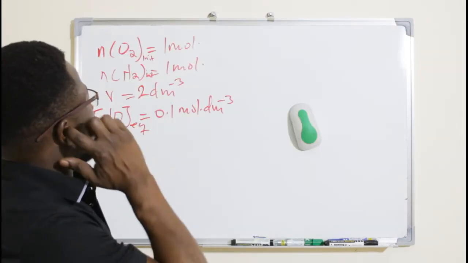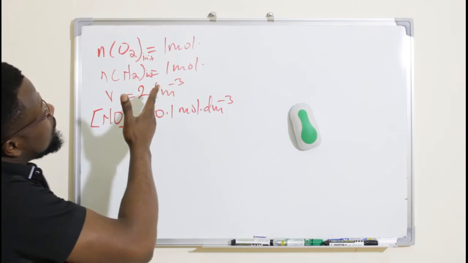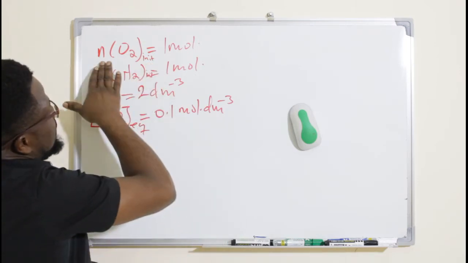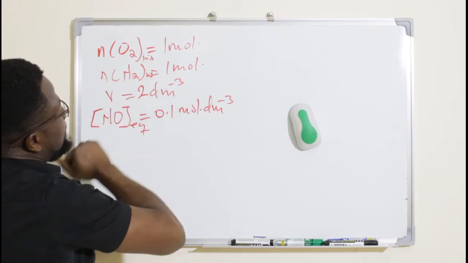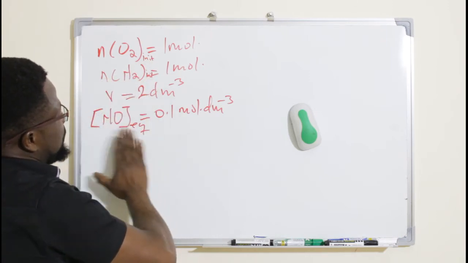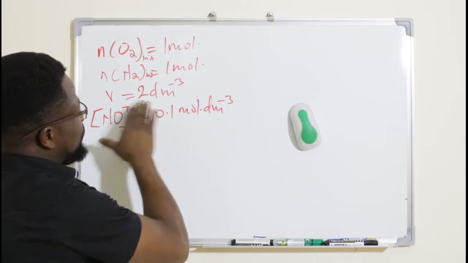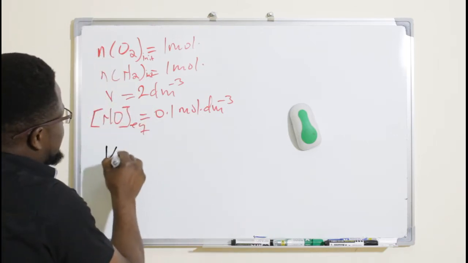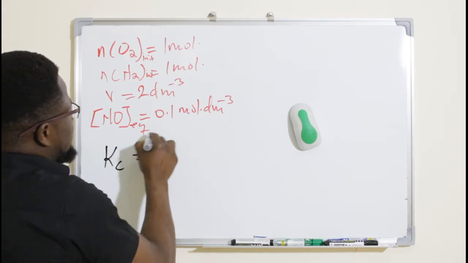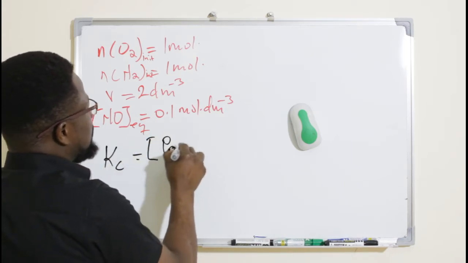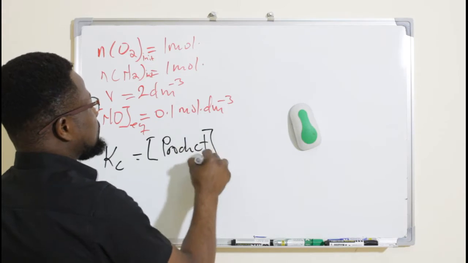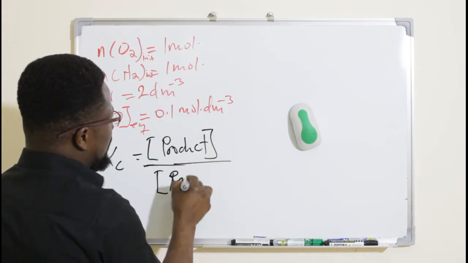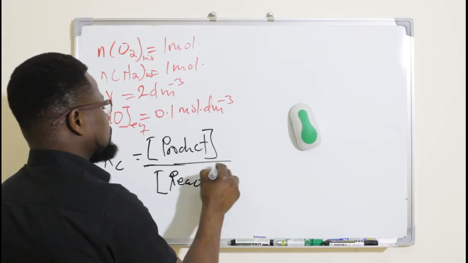Okay, so this is the information that we are given. We're given the initial number of moles, we are given the concentration at equilibrium point, and we are given the volume as well. But when you look at the KC expression, we can see that it is the concentration of the products divided by the concentration of the reactants.